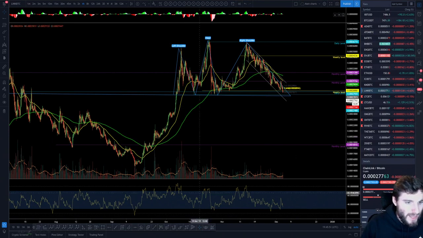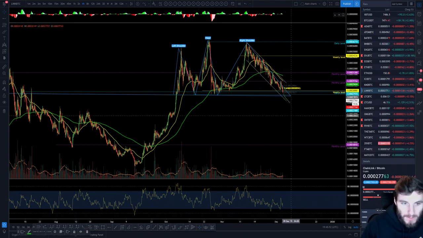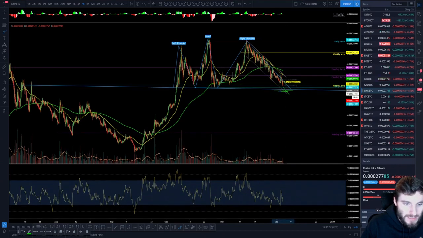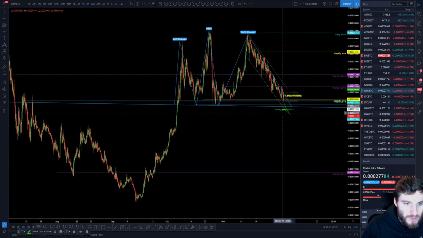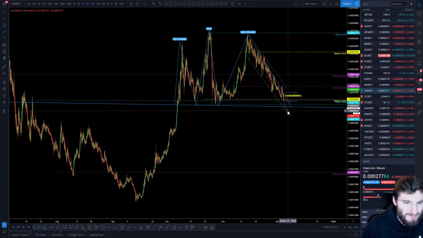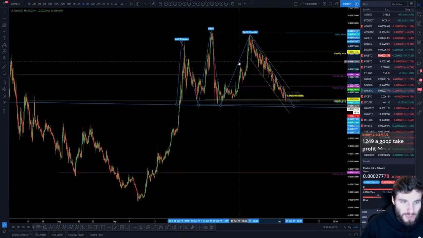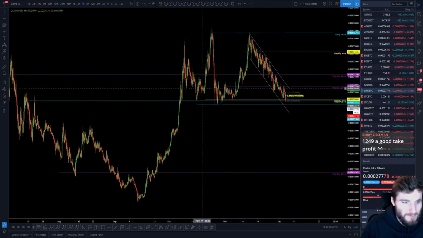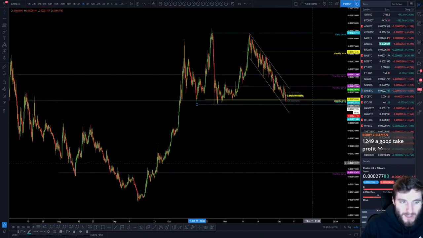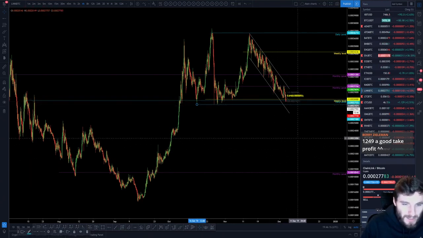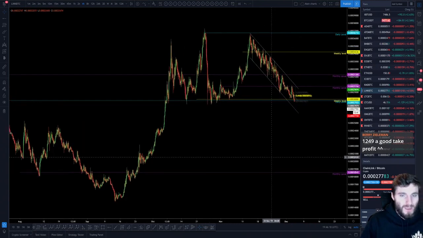What you'd want to see is, if it breaks down, a close below that level, and you would also definitely need to see an increase in bear volume on the drop. That's a possibility, but it's not the best head and shoulders, if I'm honest with you. Clearly that's a level of support. This level of support where the wicks are, if you close through that, I think you can come down easily 10% at the very least.